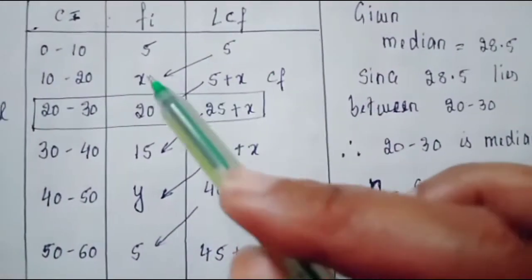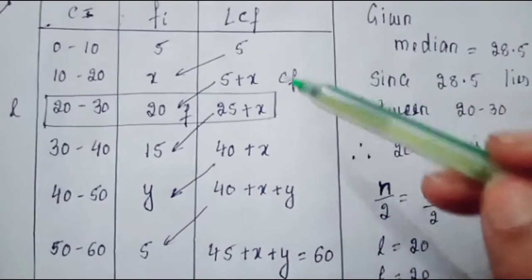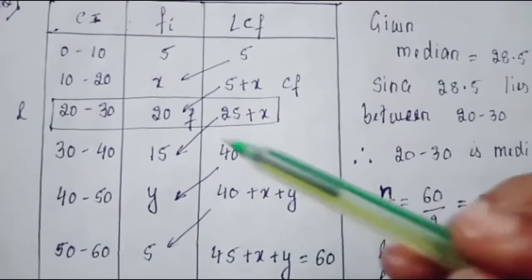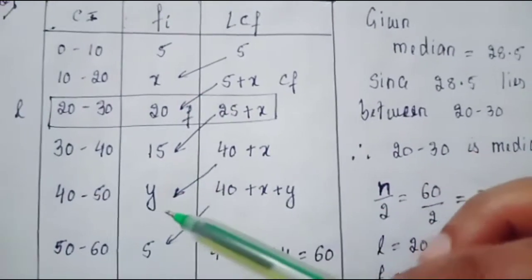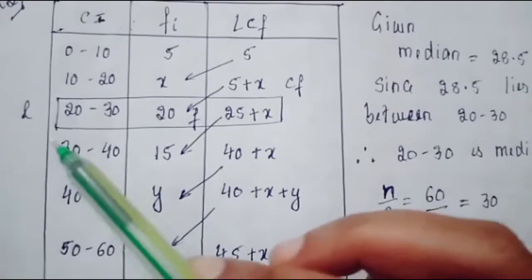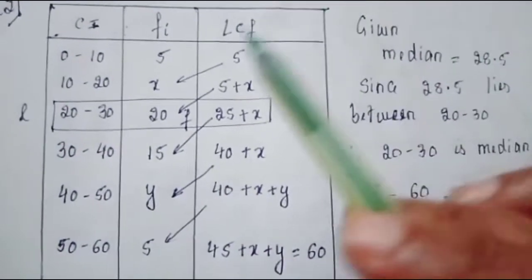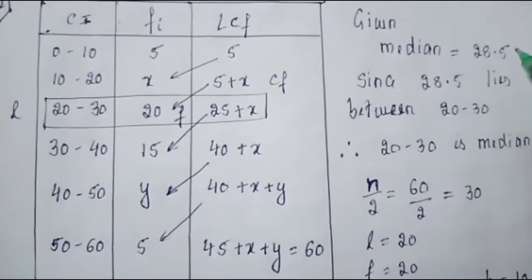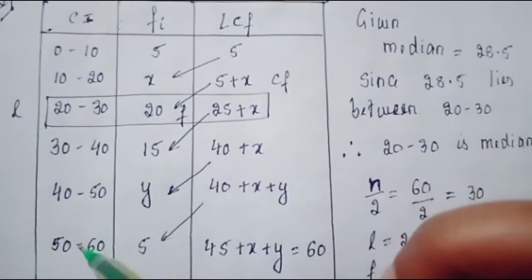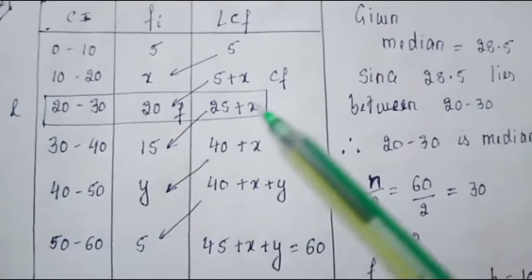When all the values of frequency are given, you should find the median class with the help of LCF. When some frequency values are unknown, you have to find the median class with the help of the given median value, checking in which class interval the median falls. That particular class interval becomes the median class.